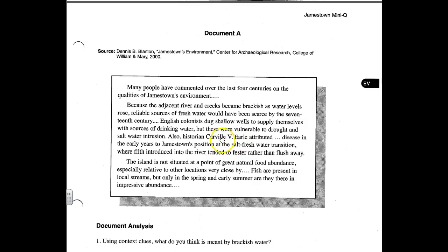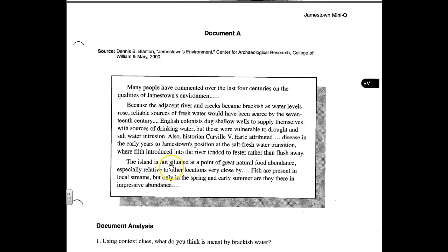So this historian, Mr. Earle, is attributing disease in the early years to that position, where filth tended to fester rather than flush away. Fester is another vocab term that you'll need to familiarize yourself with. It is also on the Quizlet deck on Quizlet.com.